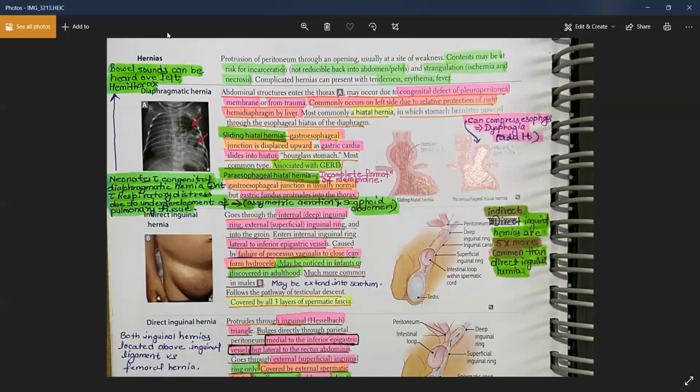So if just respiratory distress is given, with no other hints like the asymmetric aeration, the scaphoid abdomen, the bubbles or bowel sounds, nothing is given. You just have a patient with a history of a 39-week gestation. The baby is born at 39 weeks, and now he's having respiratory distress. And you need to choose between neonatal respiratory distress syndrome and diaphragmatic hernia. Which option would you choose?